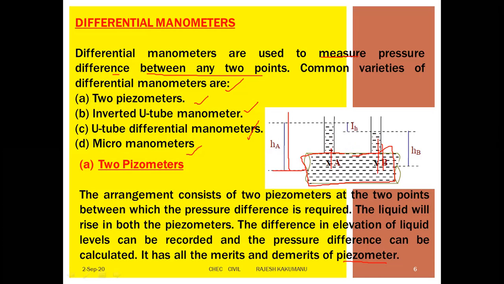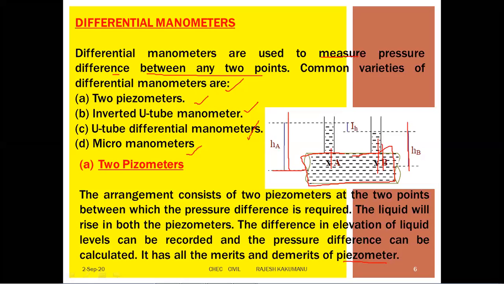The second one, you have the first piezometer, this one is HB. So if you see the differences, the pressure differences, automatically you can find it, depending on how much distance you are maintaining here.